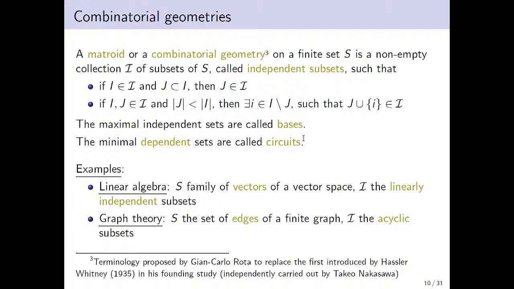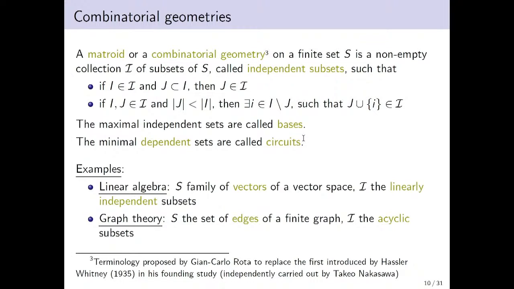And the second one is more subtle and is reminiscent of, how is it called again in linear algebra, basis completion lemma or something like this. If I and J are independent sets and J is smaller in cardinality than I, then there exists an element in the bigger one which you can add to the smaller one such that J union that element is in I. And okay, so that's the definition.